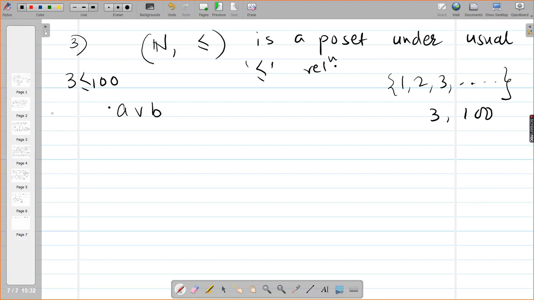So what will be the least upper bound of 3 and 100?